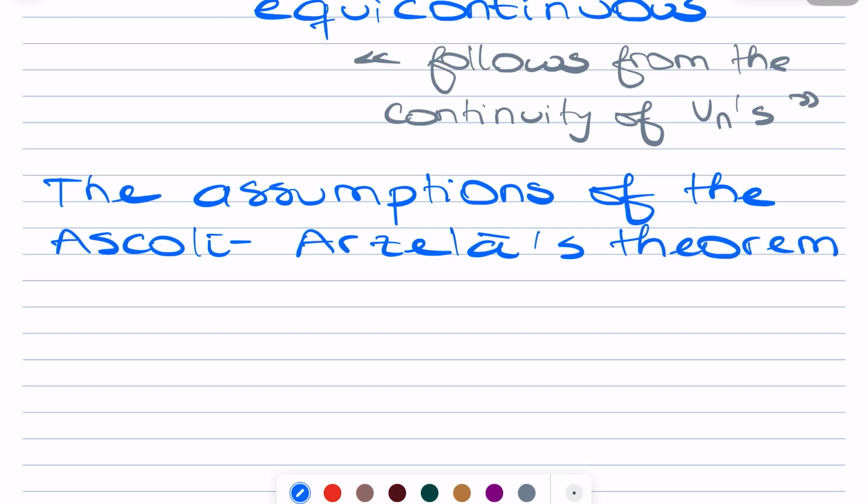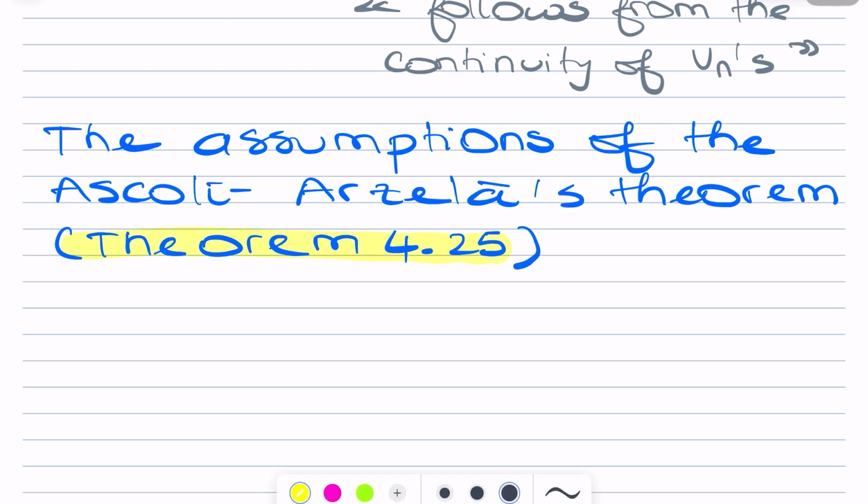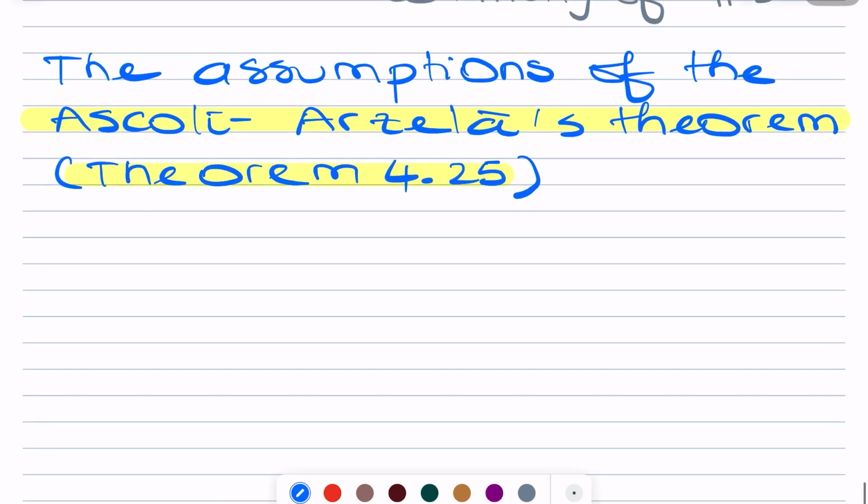I think this was actually theorem 4.25. I'll put the link at the upper right corner for your reference. So the assumptions of the Arzela-Ascoli theorem are fulfilled.